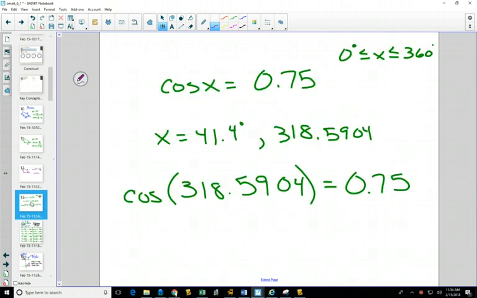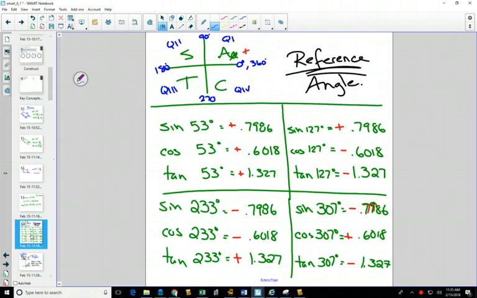Grade 11, we take the triangle away and just tell you the ratio was 0.75. What's the angle? And we found out that the angle is not just 41.4. It also included 318. Why did it include that other one? Well, because of our idea of reference angles and CAST. That for all these different angles, we get the ratios to be the same.